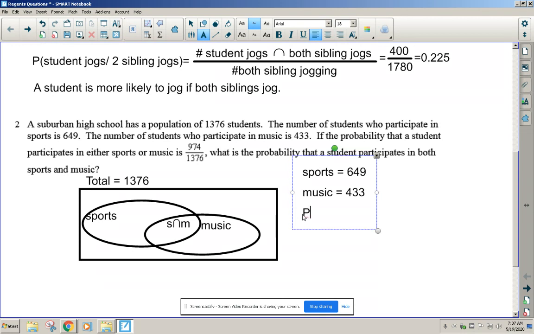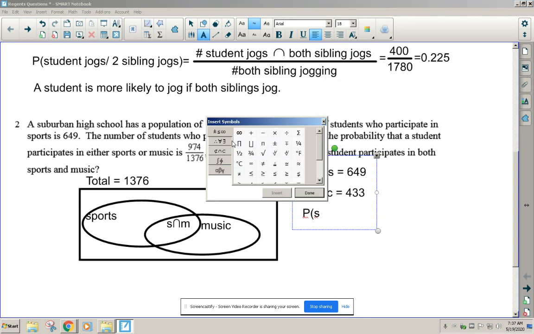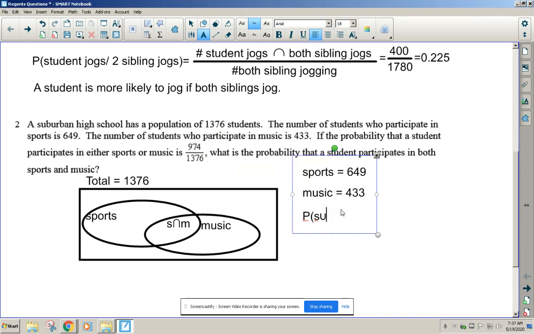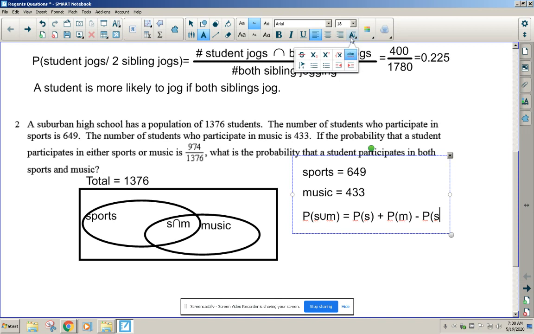So now the probability that a student participates in sports or in music is equal to the probability of sports plus the probability of music minus the probability of sports and music, the overlap.